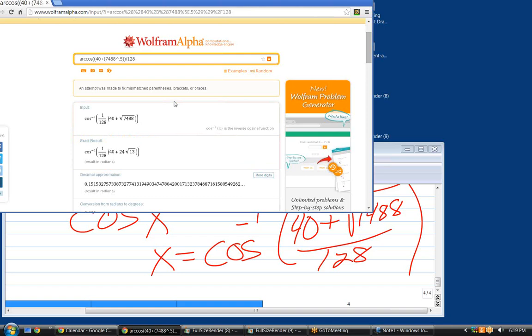Actually, there is a way to do fractions easier on the TI-84. You do alpha and F1, and it gives you the options for the fractions.